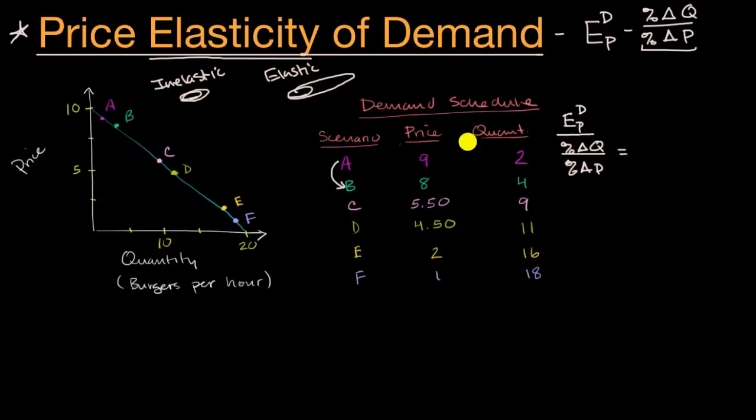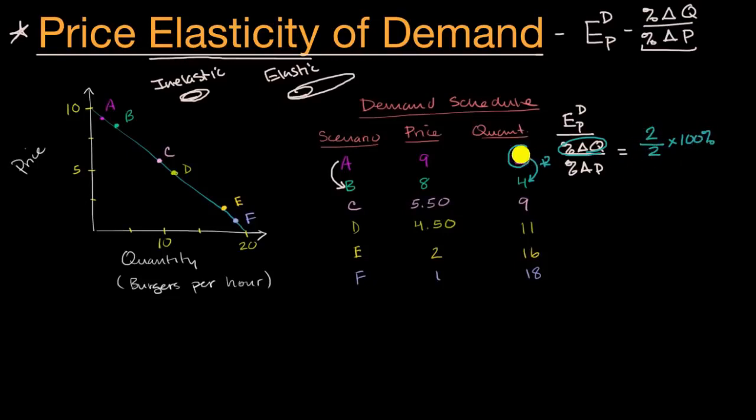So what is our percent change in quantity? We're starting at a quantity of 2, so I'll put that in our denominator, and we're going from 2 to 4, so we are adding 2. So we have 2 over 2, and we could multiply that times 100% if we like.